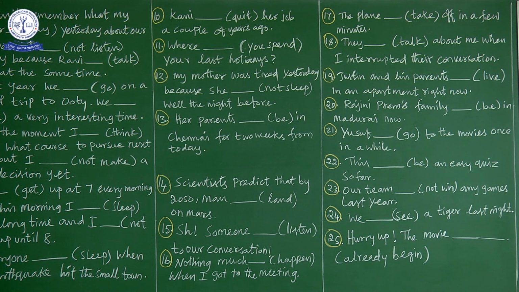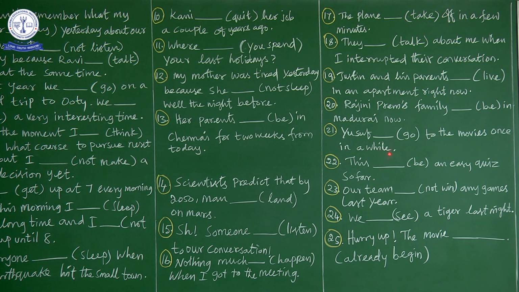Now let us move on to the 21st. Yusuf go to the movies once in a while. This once in a while is a regular action, a habitual action. So we have to go for simple present tense. So how will you write? Yusuf goes to the movies once in a while.